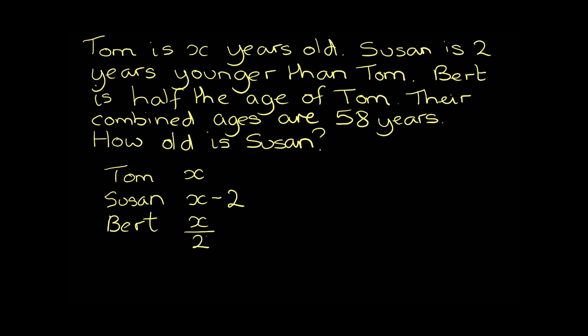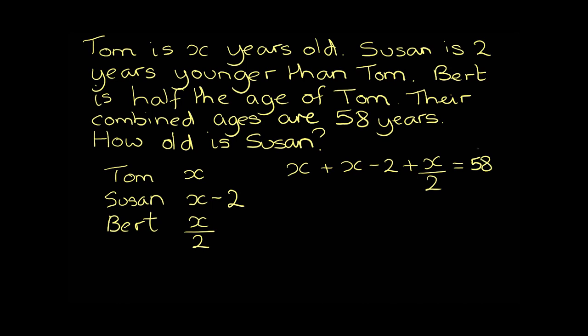The final bit of information we've been given is that if we add up all their ages, their combined ages, then they make 58 years. So what we now know is that X, Tom's age, plus Susan's age, which is X minus 2, plus Bert's age, which is X over 2, all of those add up to 58.